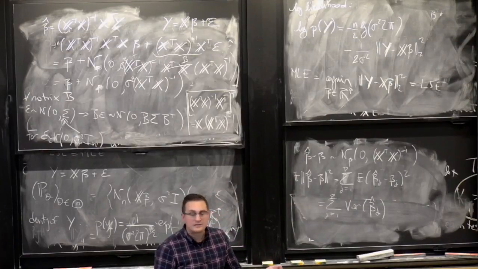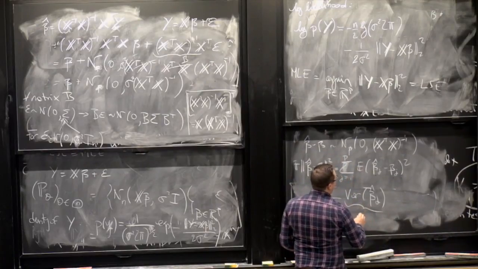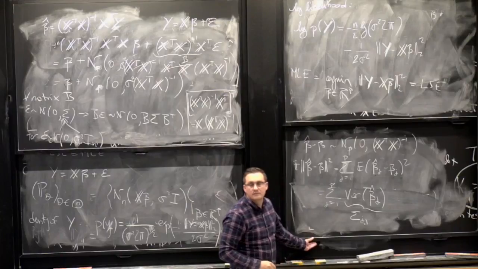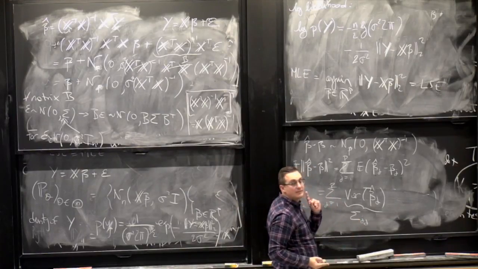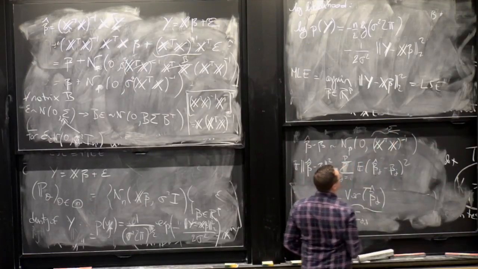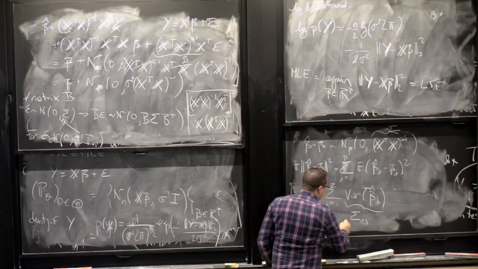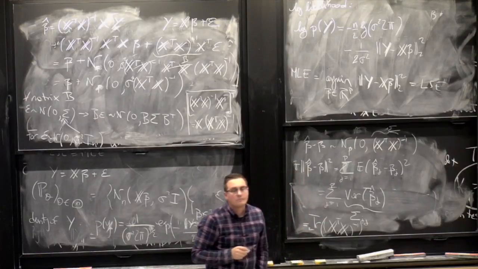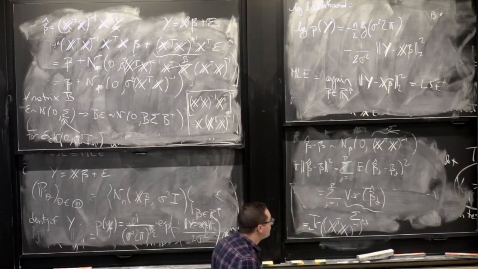They're just the diagonal elements, right? So that's really just sigma jj. And so that's the sum of the diagonal elements of this matrix. Let's call it sigma. So that's equal to the trace of x transpose x inverse. The trace is the sum of the diagonal elements of a matrix.